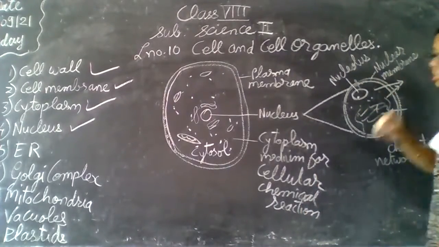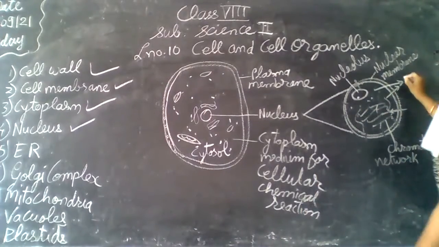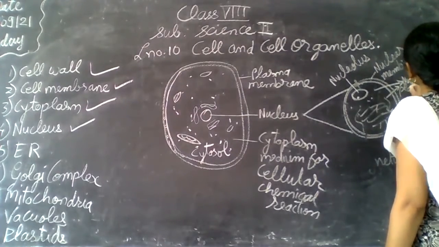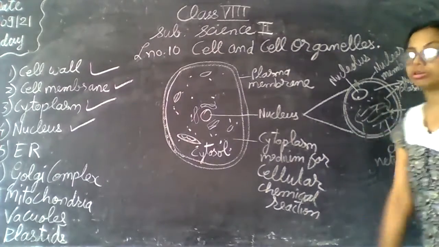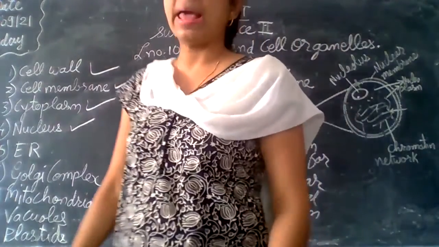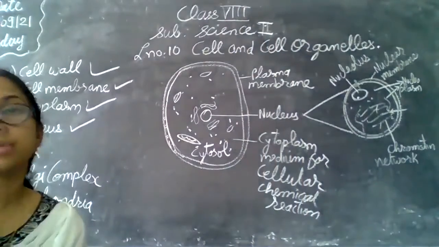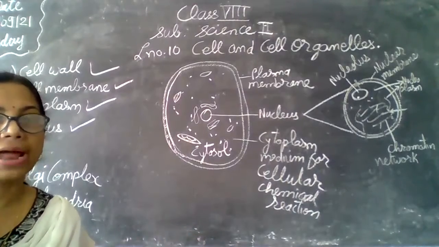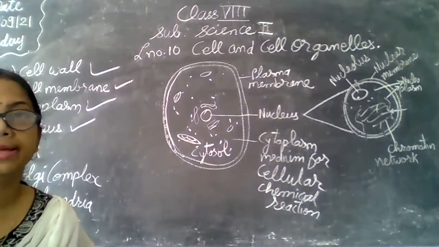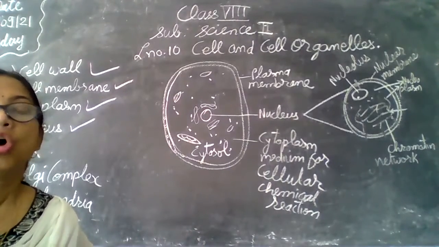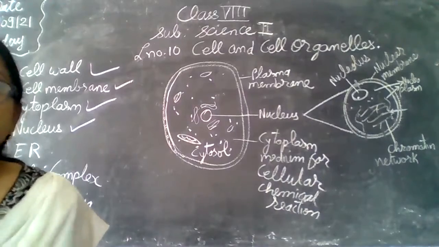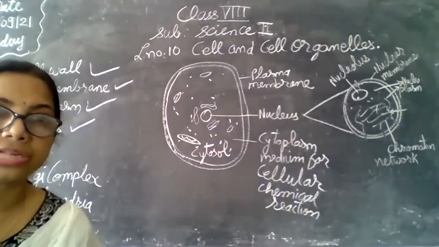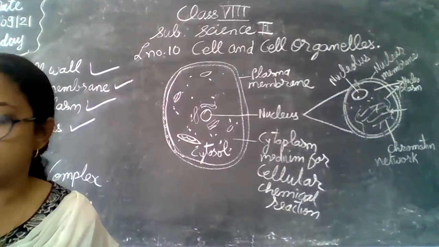That is called nucleoplasm. Nucleoplasm has the nucleolus and the chromatin network, and they are separated from all the other cell organelles and cytoplasm that is present in the cell.